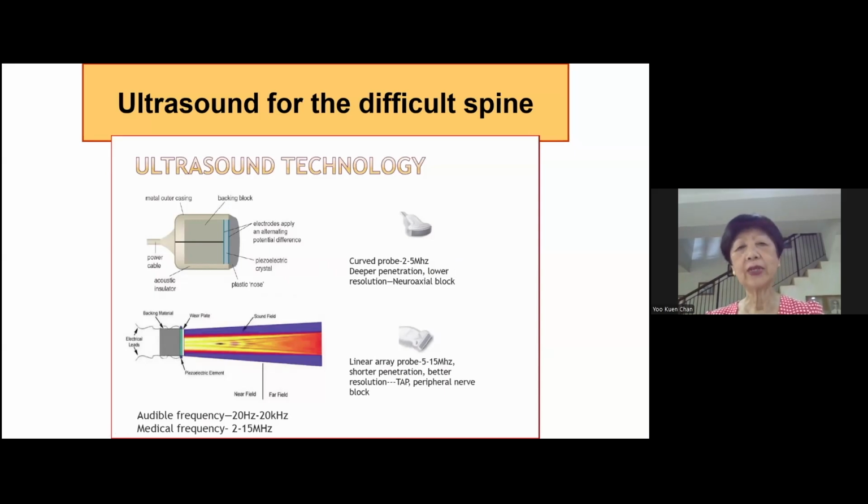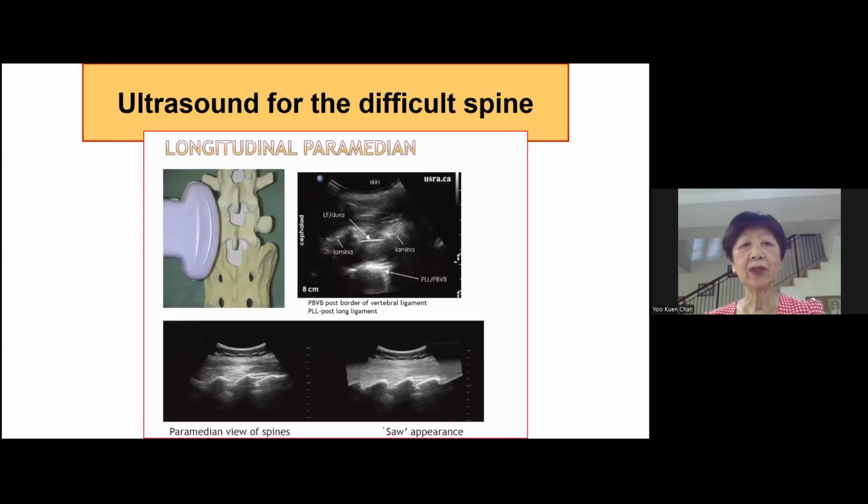But after a while, you begin to learn the anatomy, and I'm not going to tell you how, but more important is to be able to find where the dura is, as well as where the posterior longitudinal ligament is, and this is where the cord or the nerve roots are going to pass through. I know they say there's this bat wing appearance that you are supposed to be looking at, but with the ultrasound picture that we have, I just tell my juniors to look for what I call the equal sign.